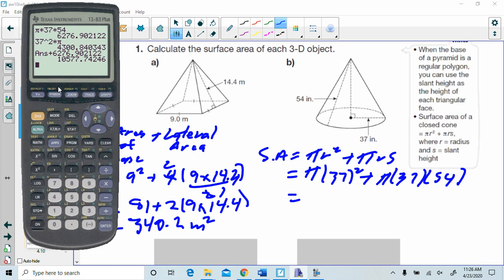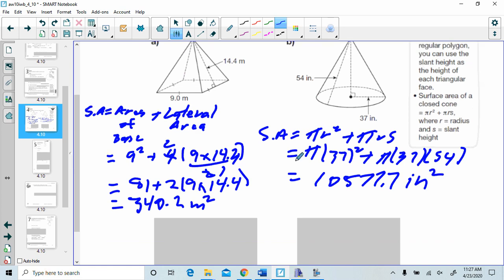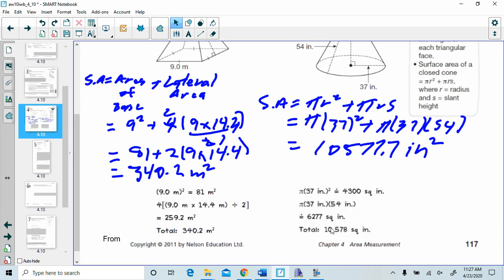So we'll just put one decimal place here. So we'll go 10,577.7. And that's inches squared. Okay, so you'll see down here that it's been rounded to the nearest whole number, and that's fine, just based on what the question's asking for.